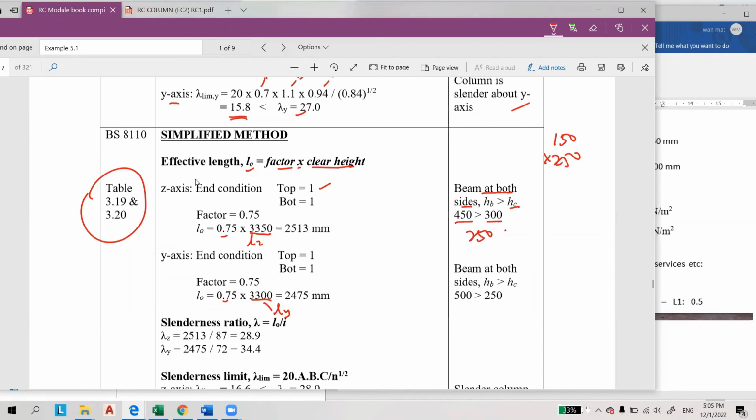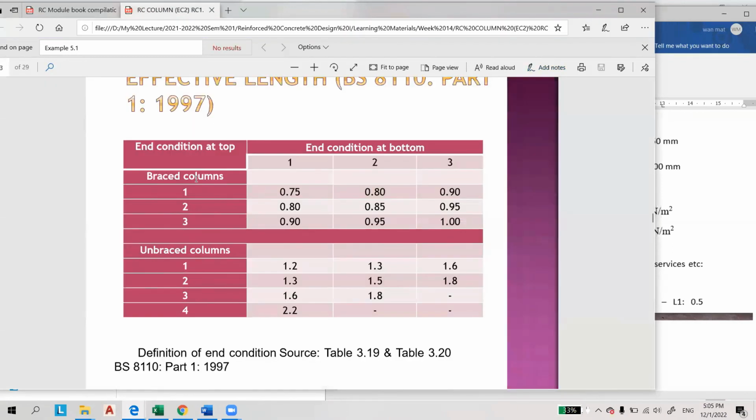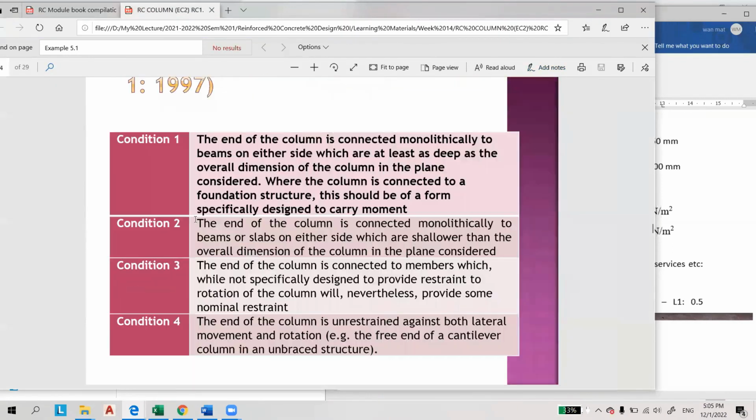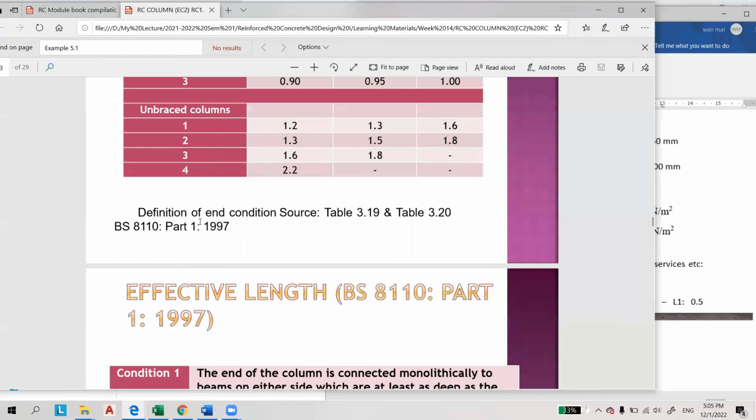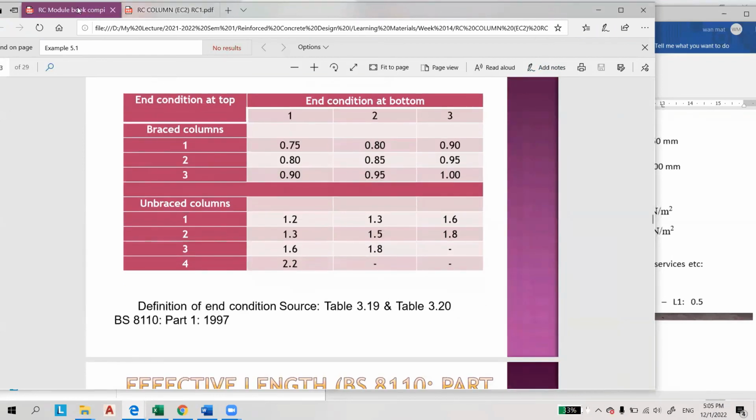This is lesser than 300, lesser than the side of the column. So the condition here is not 1 anymore. The condition here is 2. The keyword is shallower here. The condition is 2, so the coefficient will differ.